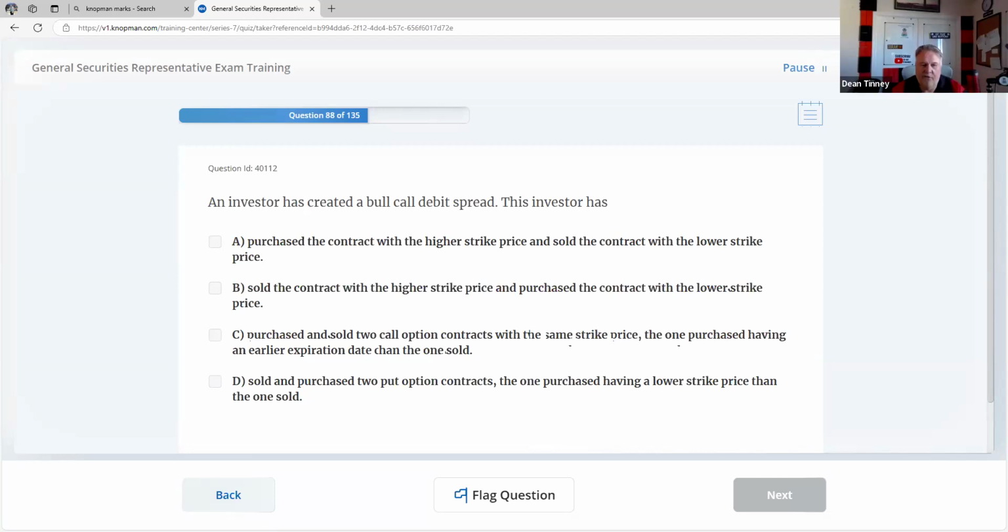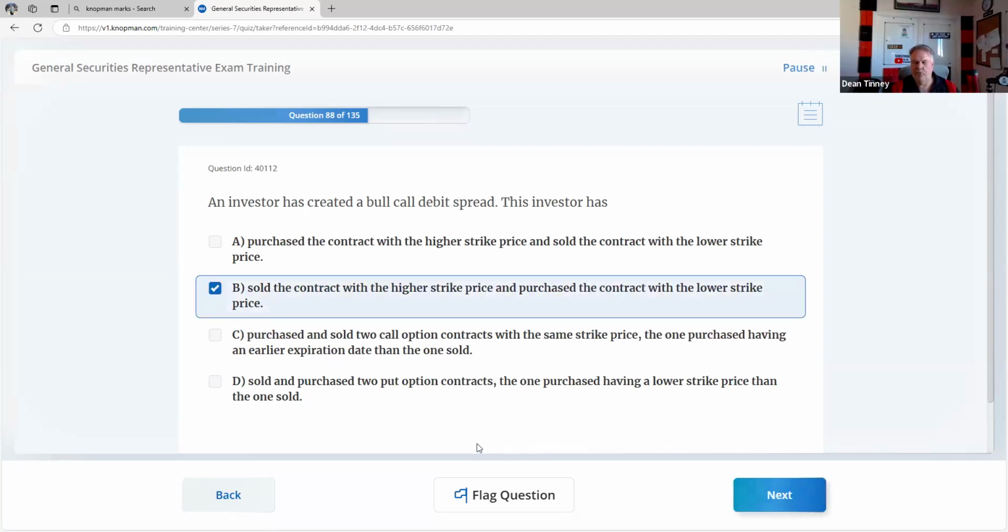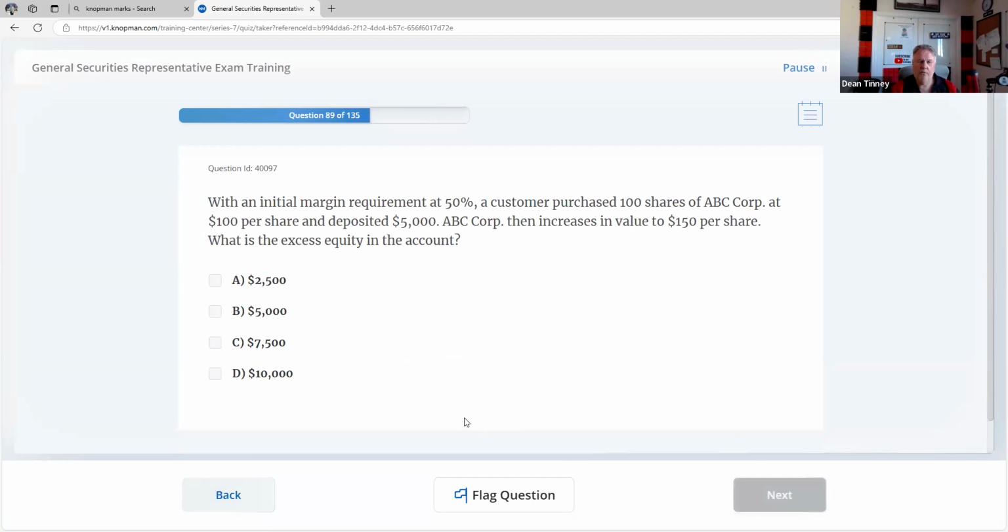False. That's correct, that's false. Hold the contract with the higher strike and purchase the lower strike. It could be B. Yeah, you got it right. Bulls, you're long the lower strike. The lower strike call is going to have the greater premium, and a lower strike call is the dominant leg, and that's bullish. So yeah, lower, higher, longer.